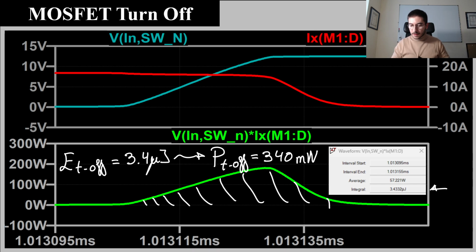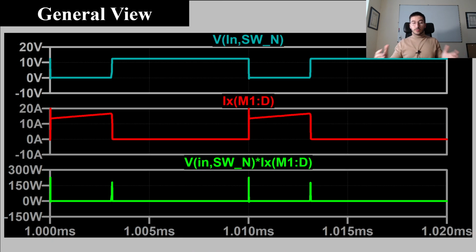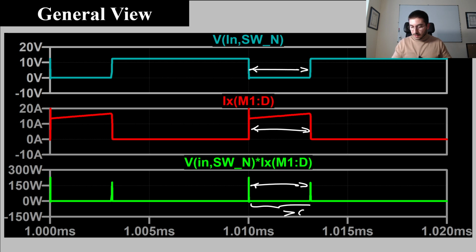Okay, and finally we have to do the same for the on state, for this interval. As we said, here the instantaneous power is not zero. It's a value that is higher than zero, but is very small in comparison to the axis values we have here, in comparison to the peaks we observed during the transition.